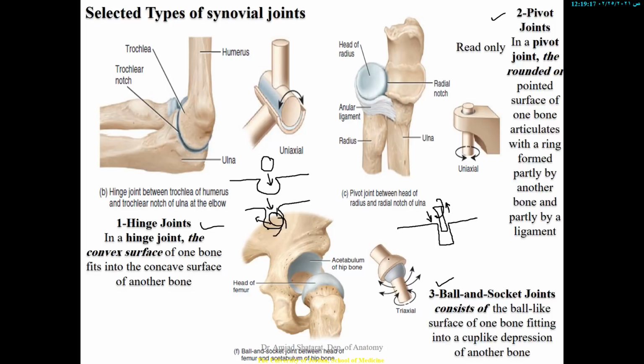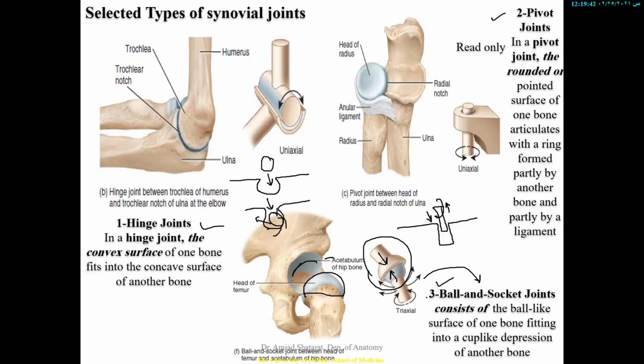For example, this is the head of the femur. It is a ball, and this is the socket, which is the acetabulum here. They are nothing but, in this diagram, a socket and a ball. We call this type of joint a ball and socket joint.